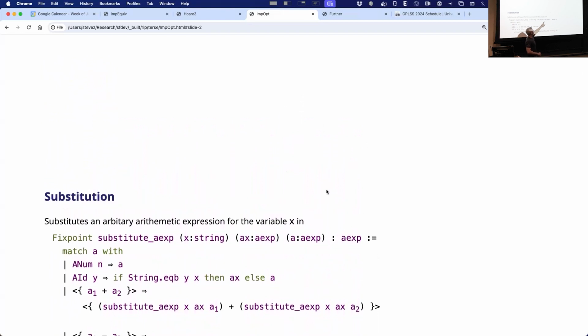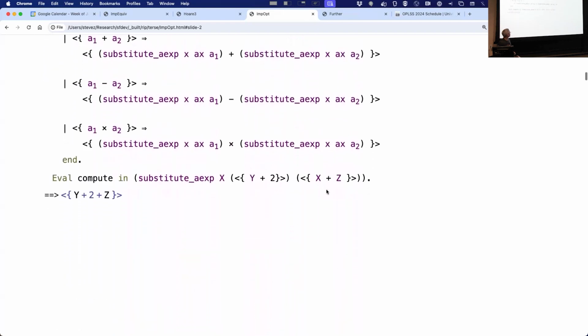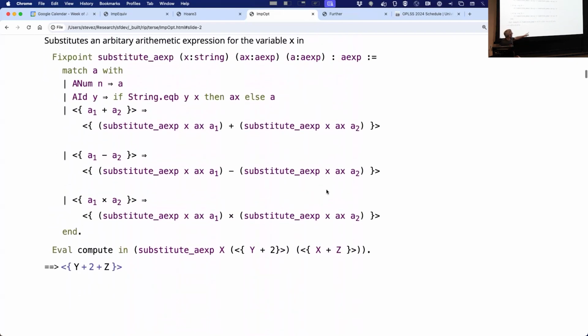So the idea is that we have some variable x, and we want to replace all occurrences of x by some other expression, ax, inside of a. So this is really just a standard substitution. As an example, if we substitute y plus 2 for x in this expression, x plus z, well, then we better get y plus 2 plus z.